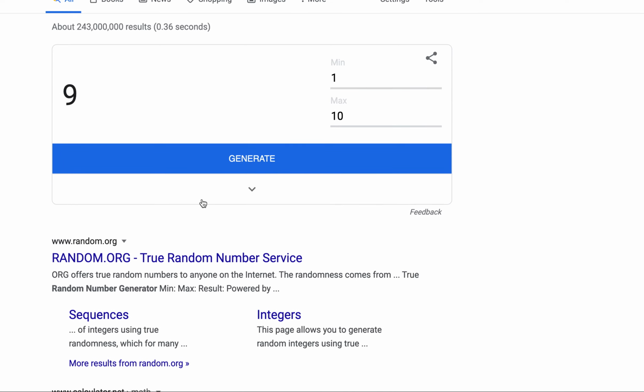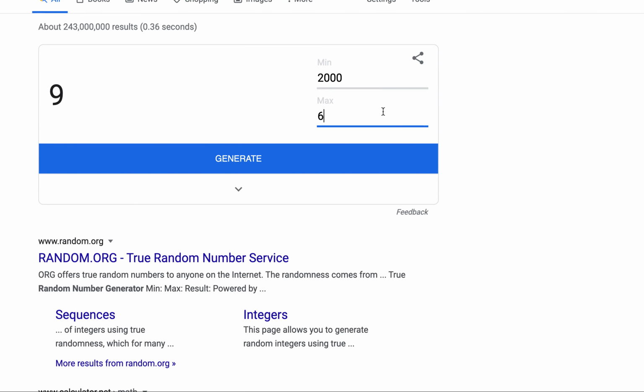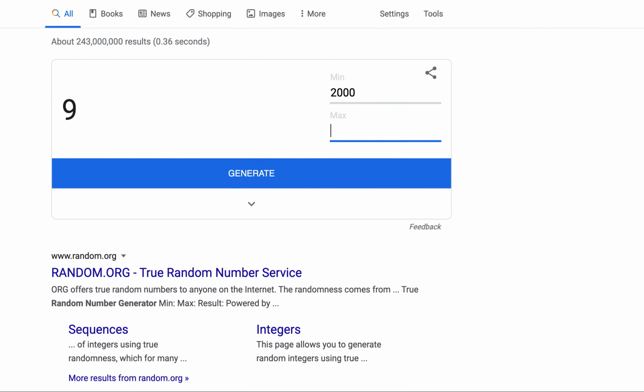I'm going to be solving a problem from 2000 onwards. I don't want to solve something too old. I just want to keep it fairly recent, so it'll be from 2006 at least.